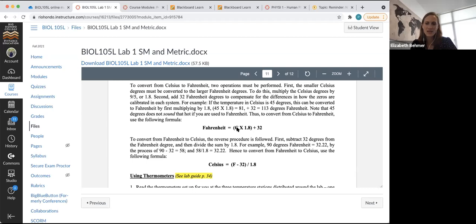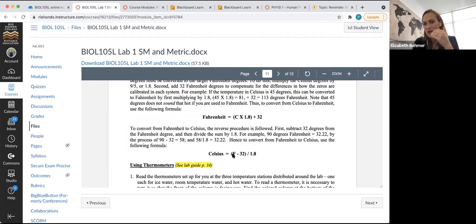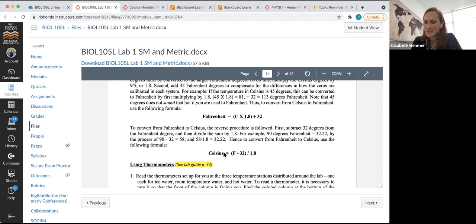We take 37 times 1.8 first, because we always do what is in parentheses first. And then we add 32 to get the Fahrenheit temperature. If we need to convert Fahrenheit to Celsius, let's say it's 77 degrees Fahrenheit outside, we put 77 into our formula: 77 minus 32, because we always do what's in parentheses first. We divide by 1.8 to get Celsius.